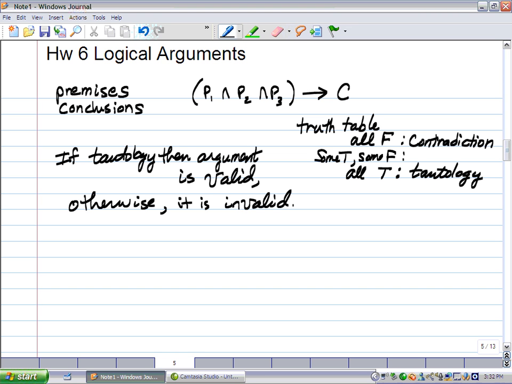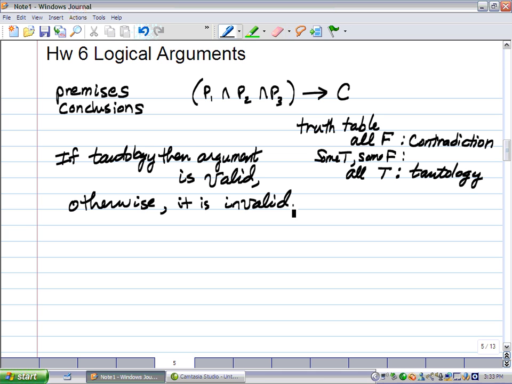Okay, so one way to determine the validity of an argument, in other words, if it's valid or invalid, which is the same thing as asking do its premises lead to its conclusions, is to make a truth table. Once you find an F in that last final column of your truth table, it's invalid. Okay? So the only way that it's valid is if every single value in that last column of your truth table is true. In other words, it's a tautology.